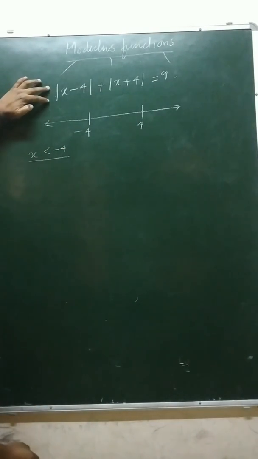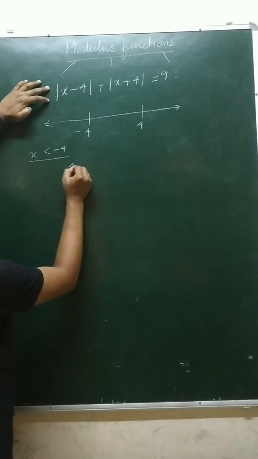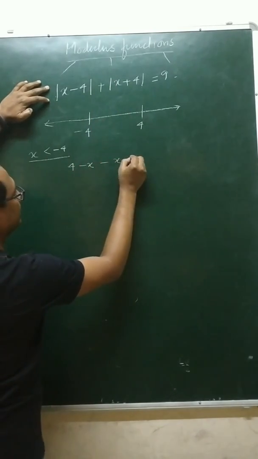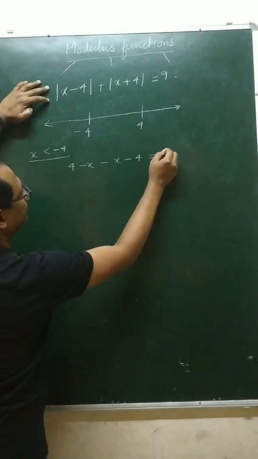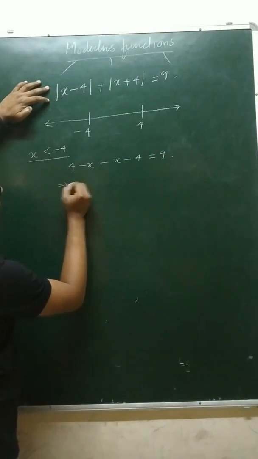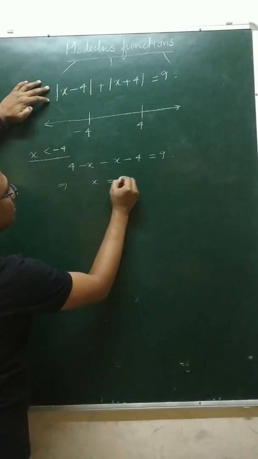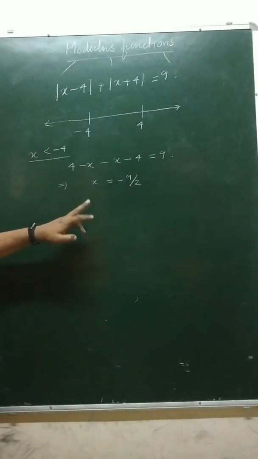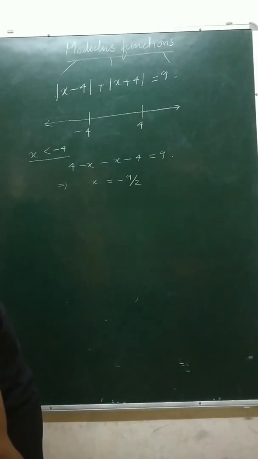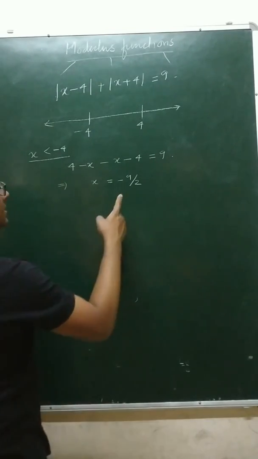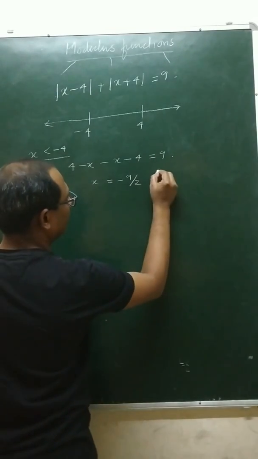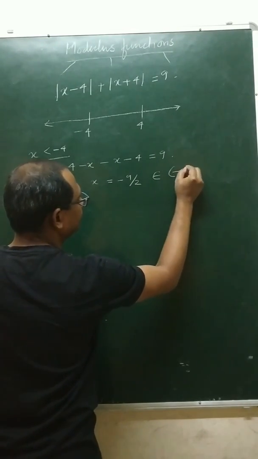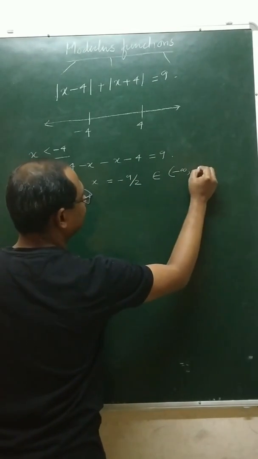This one will open with a negative sign, 4 minus x, and that also is going to open with a negative sign. So I'm going to get x equal to minus 9 by 2, which is minus 4.5, clearly belonging to the interval we are taking. So it is a solution.